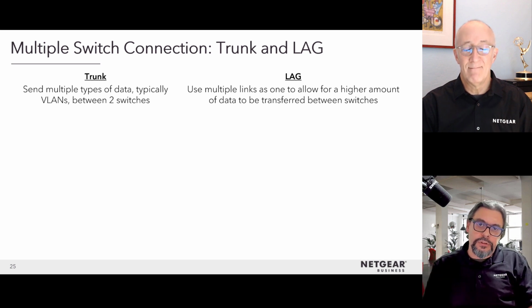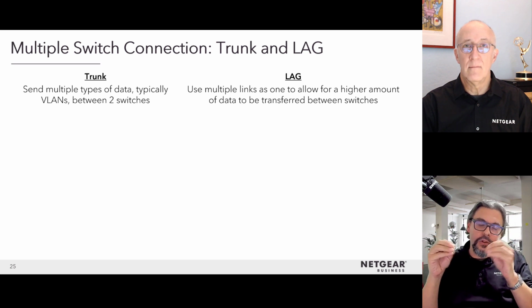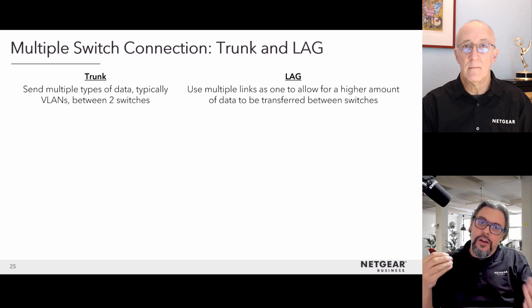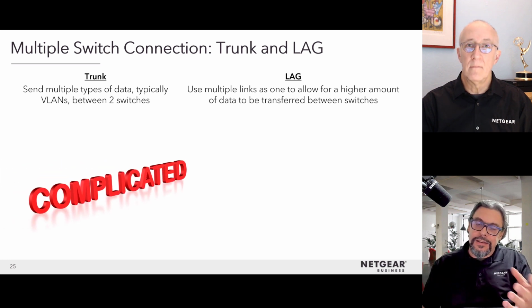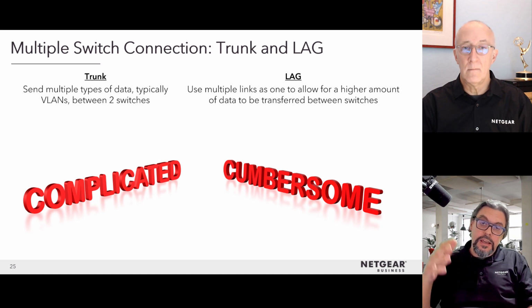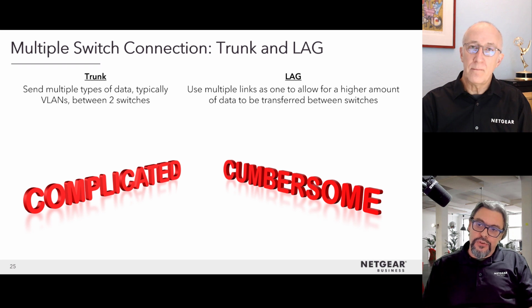It's simple, but it's additional configuration steps, and you need to do the same on both switches, because if you configure your LAG differently on the left and on the right, you will have communication issues. So trunking and lagging between switches was cumbersome.